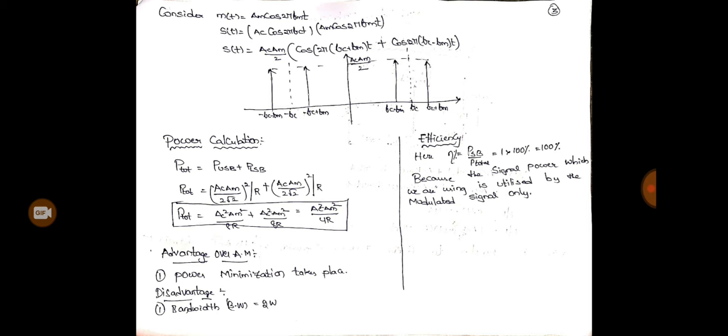Therefore it will be (Ac Am/(2√2)) whole squared divided by R plus (Ac Am/(2√2)) whole squared divided by R. So the total power is Ac² Am²/8R plus Ac² Am²/8R, which is Ac² Am²/4R.